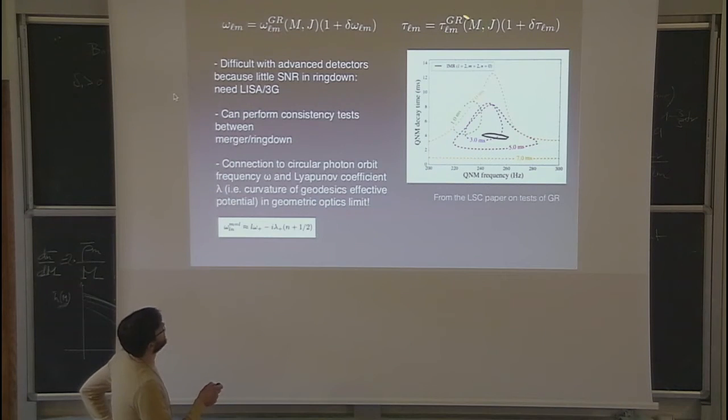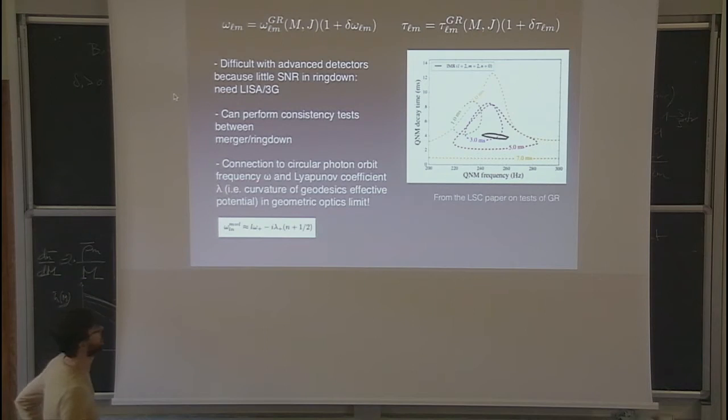In general relativity, you have several quasi-normal modes because they are parameterized by L and M, but they are all functions of the same two quantities, M and J, M being the mass and J the spin of the black hole. And this is called in general relativity the no-hair theorem. So all the physics of the ringdown is parameterized by just two numbers, the mass and spin.